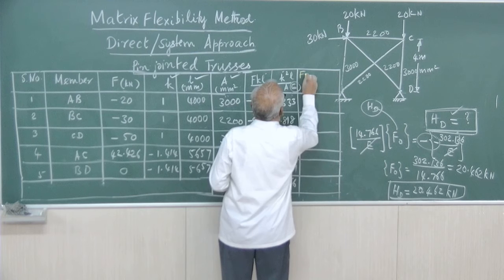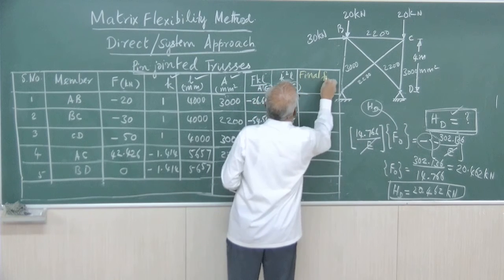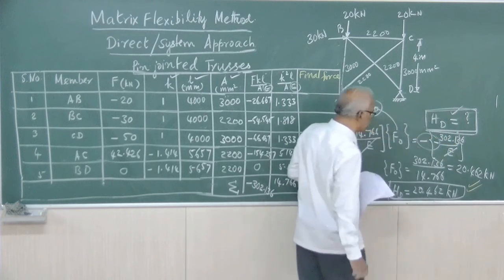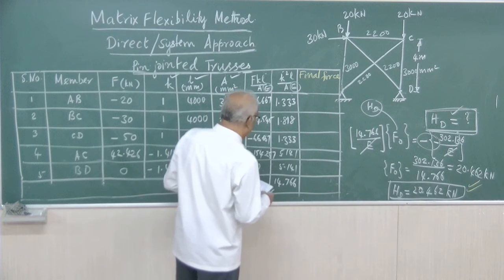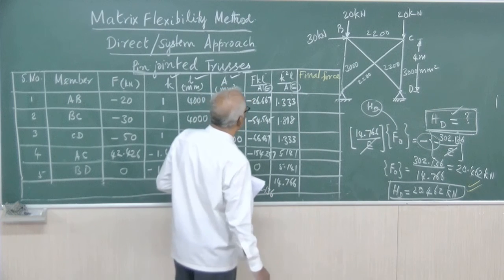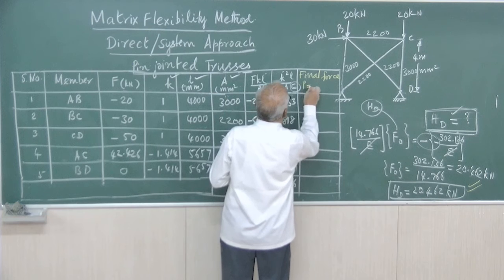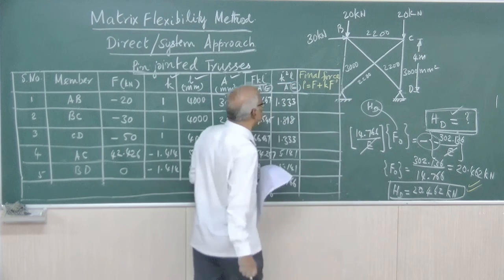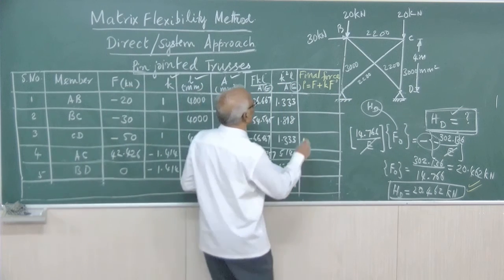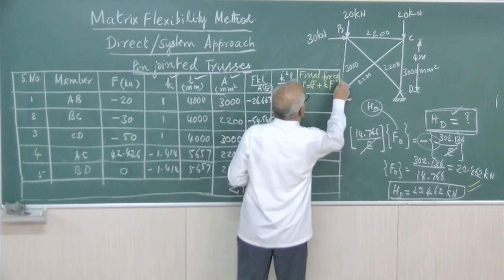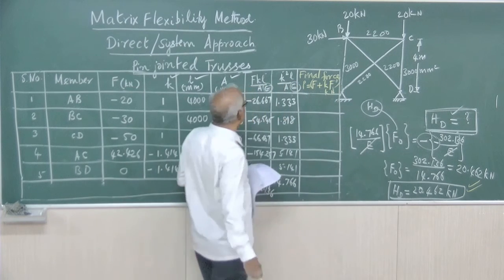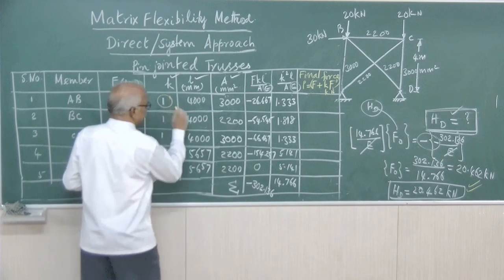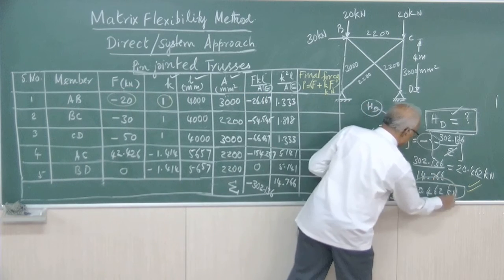It is not required in this problem, but for completion we will do it. Now, F is minus 20, K is 1, F naught equal to 20.462.